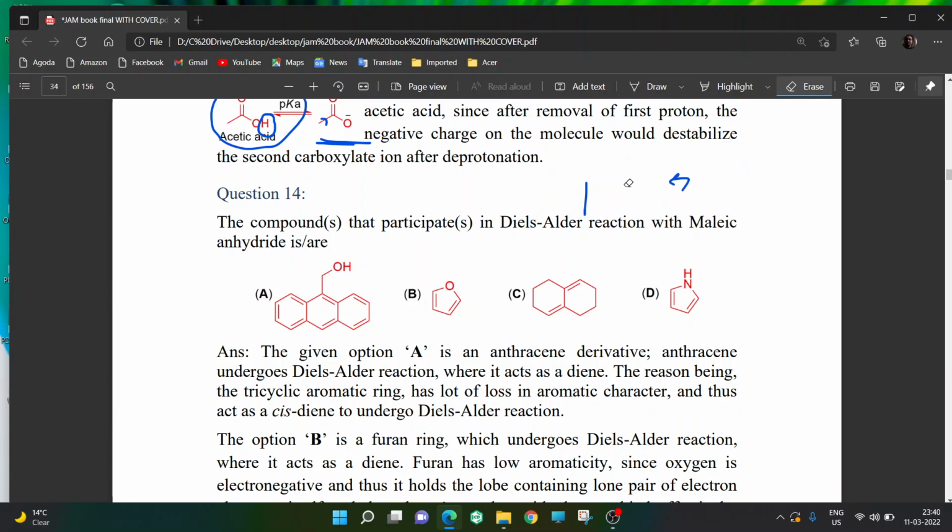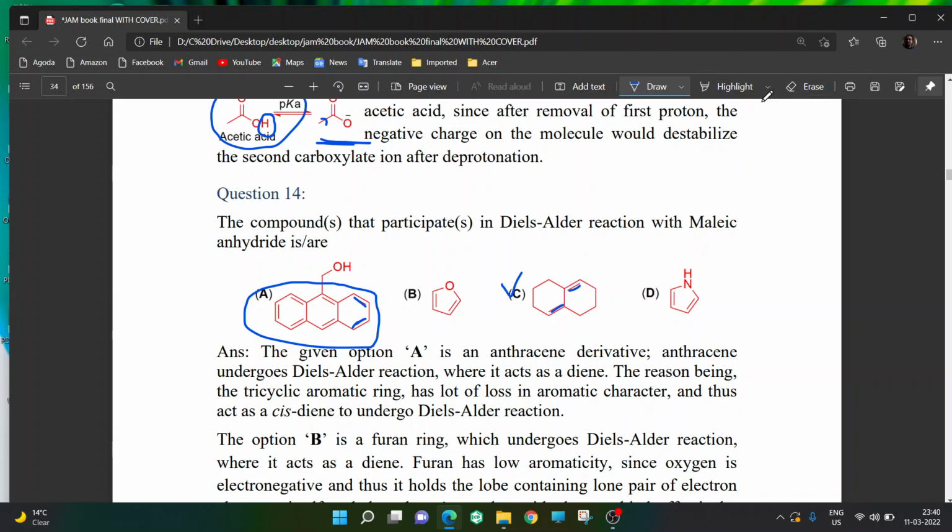So very clearly option C can be removed, because you can see here it's a locked system, a bicyclic system, and it's a trans alkene. Now what happens to this? This is an anthracene system. Three aromatic rings are there. Because of the three-ring conjugation, a lot of aromaticity is lost, and this alkene can act as a separate alkene and undergo addition reaction.